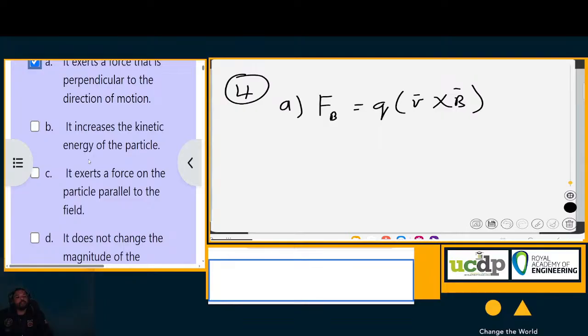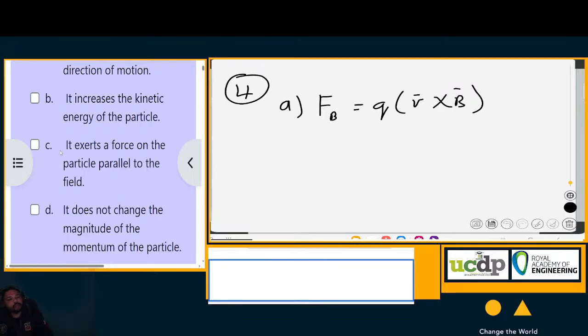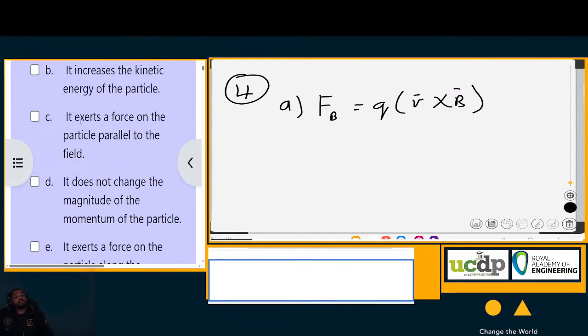B, it will increase the kinetic energy of the particle. Not necessarily, no. C, it exerts a force on the particle parallel to the field. That is incorrect. The force will be perpendicular to the field. D, it does not change the magnitude of the momentum of the particle. That is correct. It doesn't change the magnitude of the momentum.